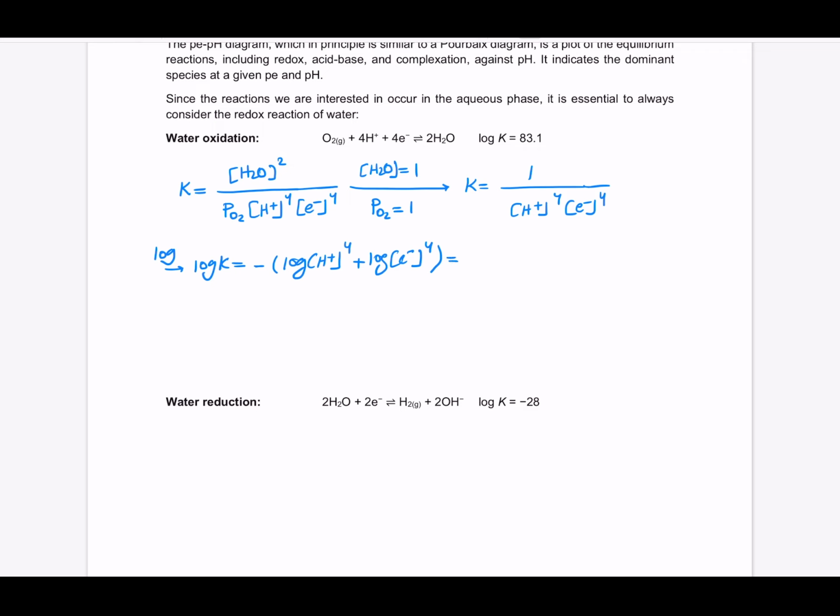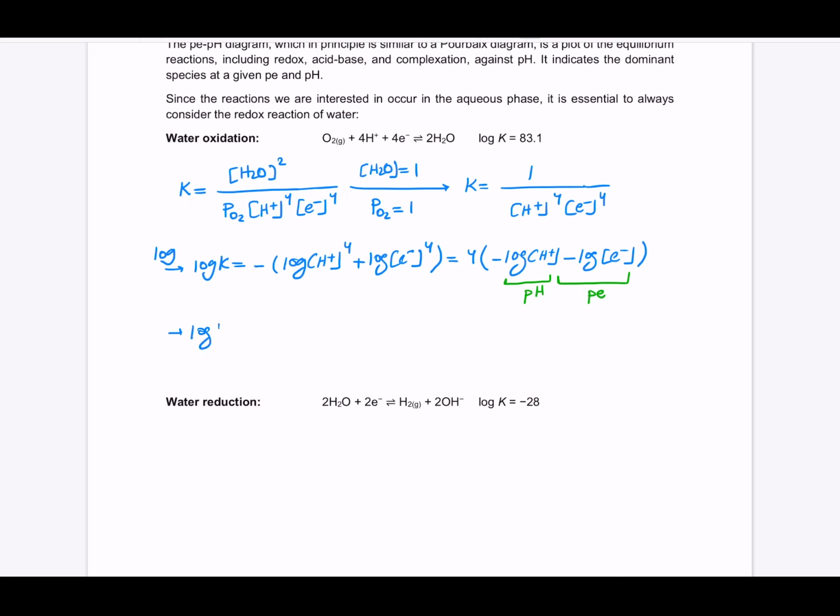Or this would be 4 times minus log of H plus, minus log of electron. As you know, this would be basically the pH, and this would be pe.